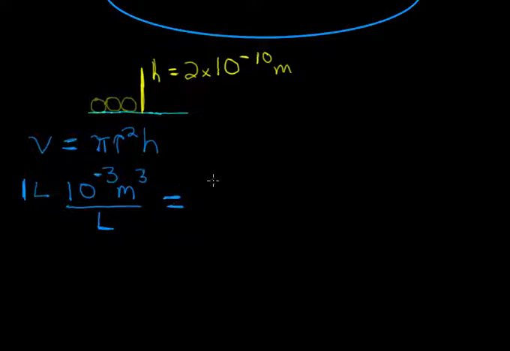So on this side, I can set pi times 2 times 10 to the negative 10th meters times r squared.